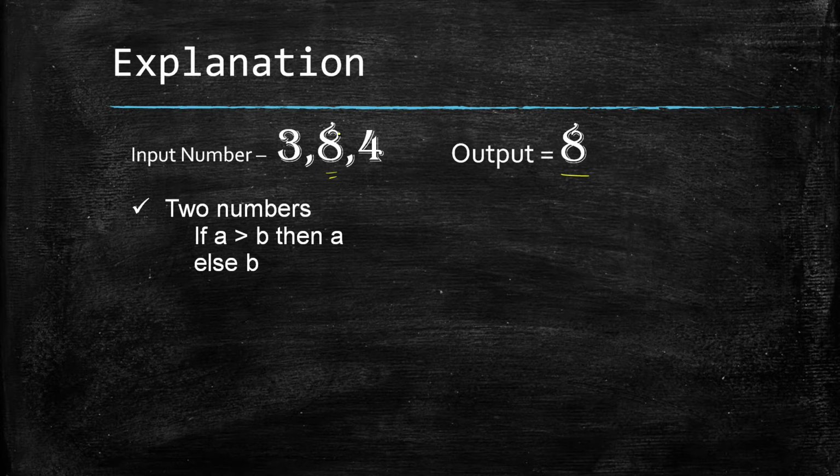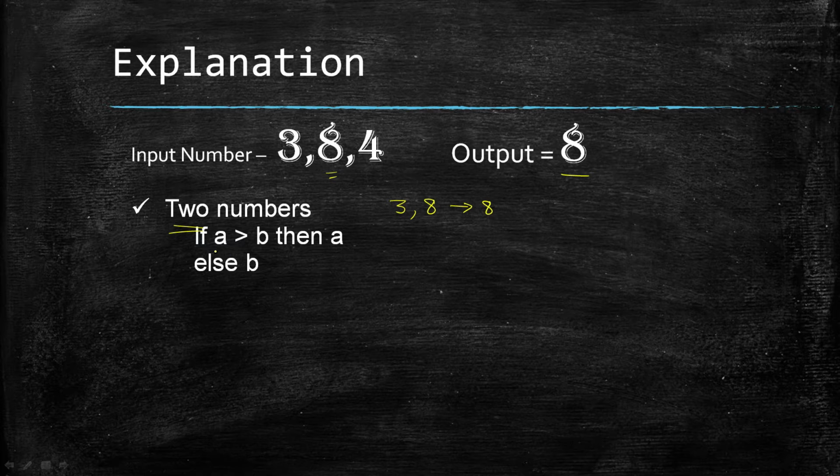Let's first check what if there are two numbers and we have to find the largest of these two. Let's say we have 3 and 8. The greatest of these two is 8.